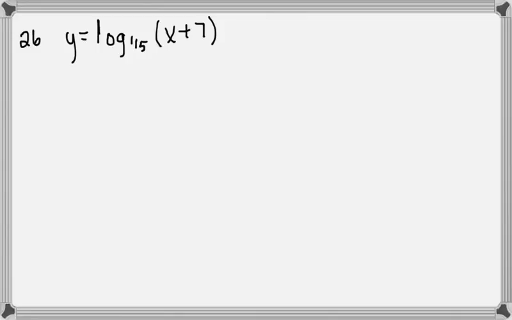No. Look, this is a big deal. That plus 7 is inside the logarithm, correct? I can't do anything to it yet. Because there's nothing outside to get away from the log, I go directly to switching to exponential form. So it's going to be the base raised to the y equals whatever we're taking the log of.